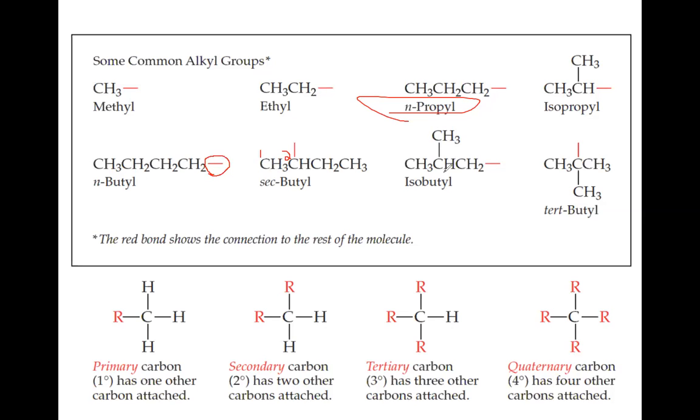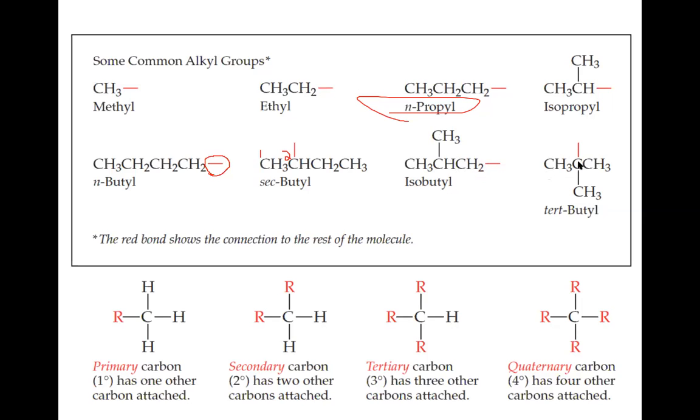Isobutyl is going to have this configuration where it's attaching to this carbon, and then you have this chain. So even though technically the longest chain is 3 carbons, 1, 2, 3, there are 4 carbons all together. That is what makes it butyl. But we could call this 2-methylpropane if we wanted to, if we were just looking at this by itself, and this was a CH3 instead of CH2.